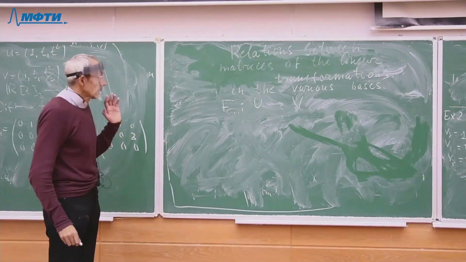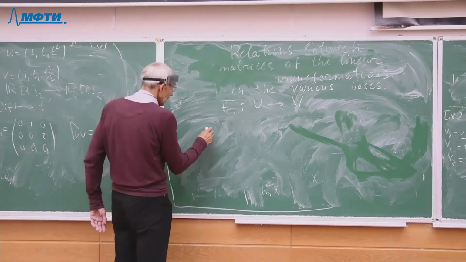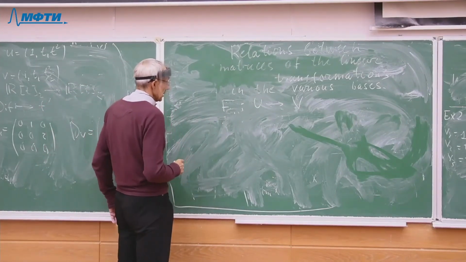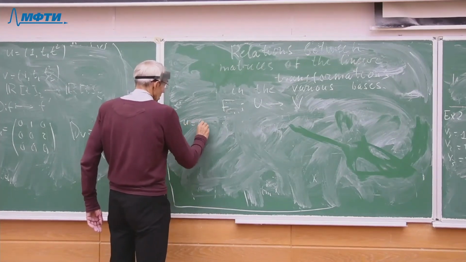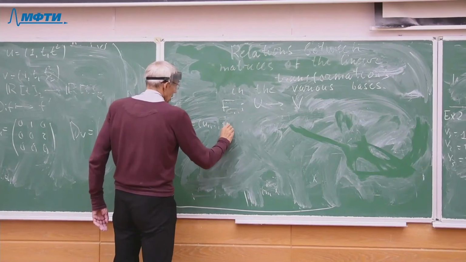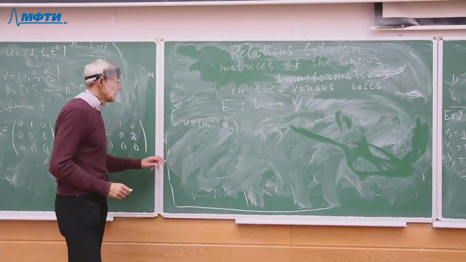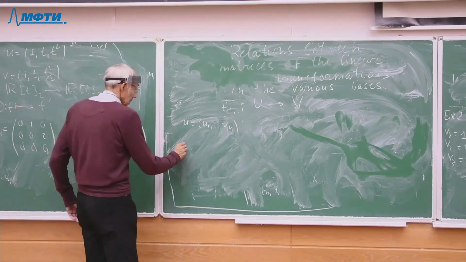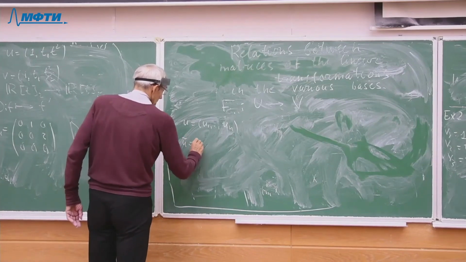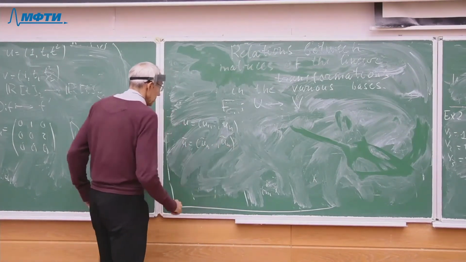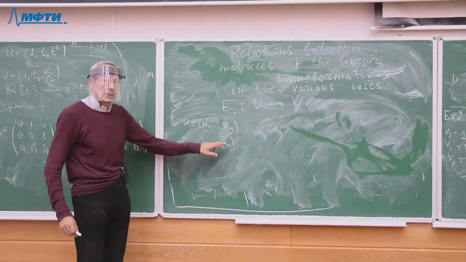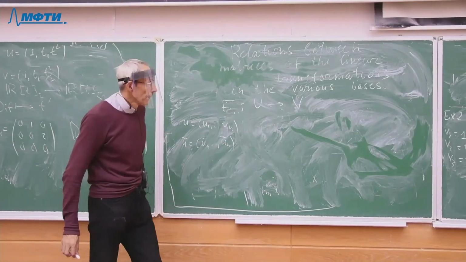And let's consider two bases in U. Let U1, ..., Un be the old basis and U tilde be the new basis in the vector space U.